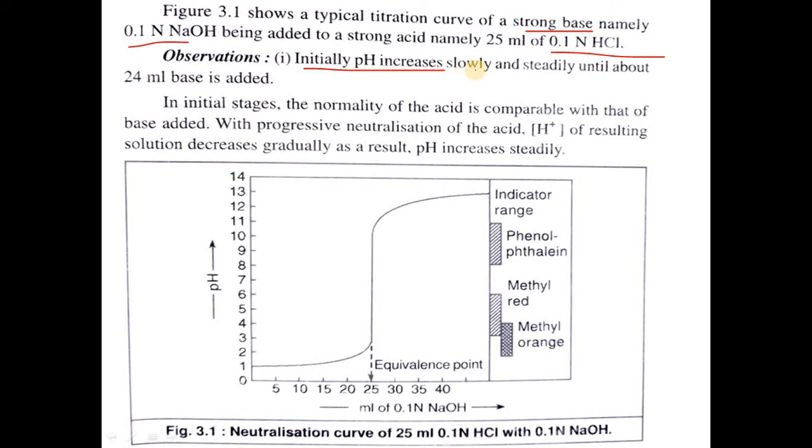Initially pH increases slowly and steadily until about 24 ml. In the initial stage, the normality of the acid is comparable with that of the base. With progressive neutralization of the acid, when we add NaOH solution, the H+ ion concentration decreases and the pH of the solution goes on increasing.